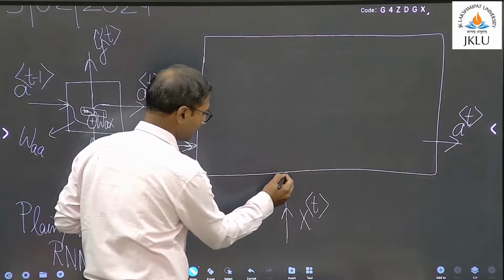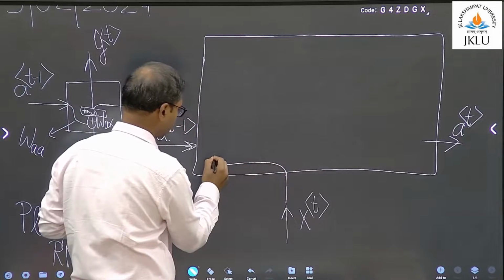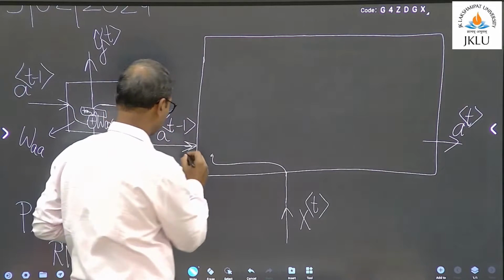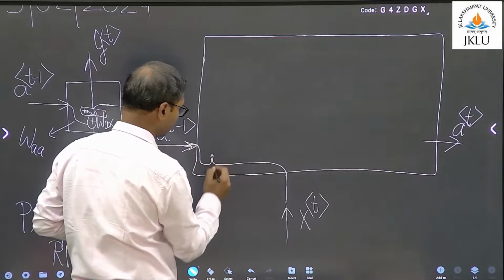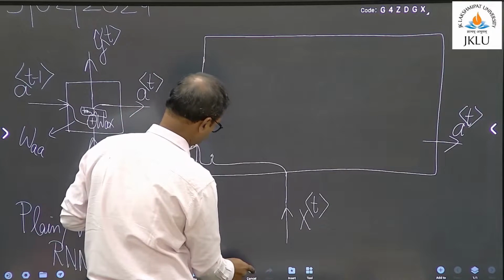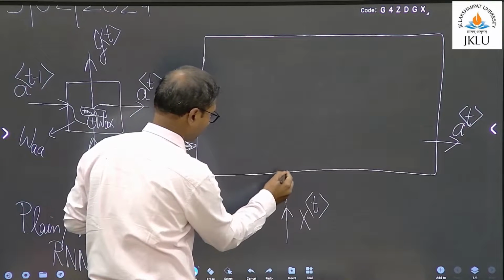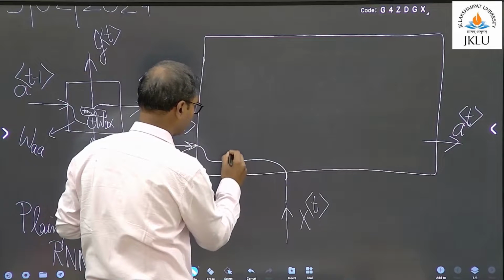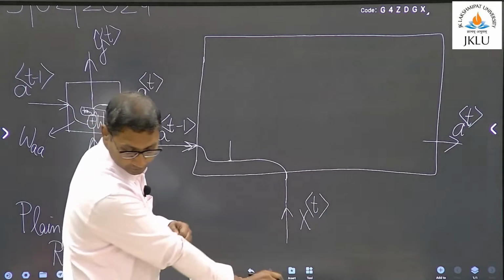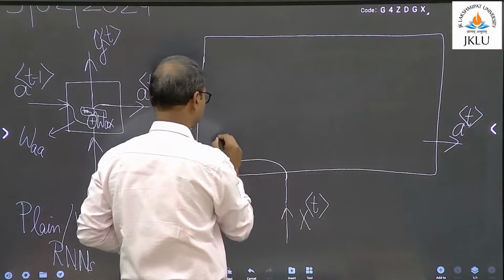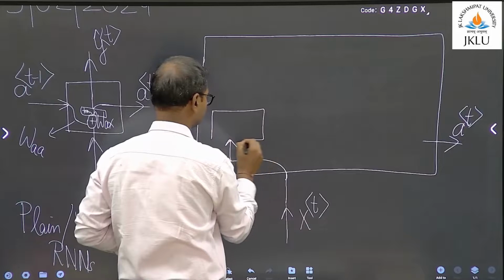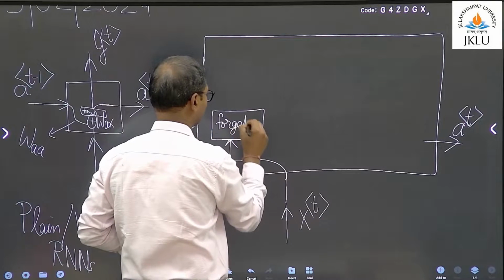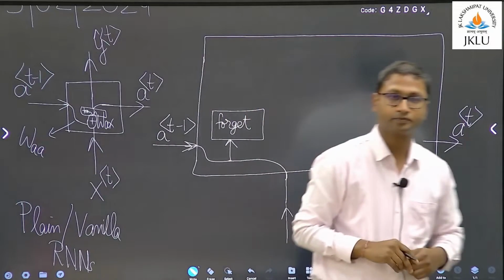First, this x_t comes here and a_{t-1} comes here, and then it passes through something called the forget gate.